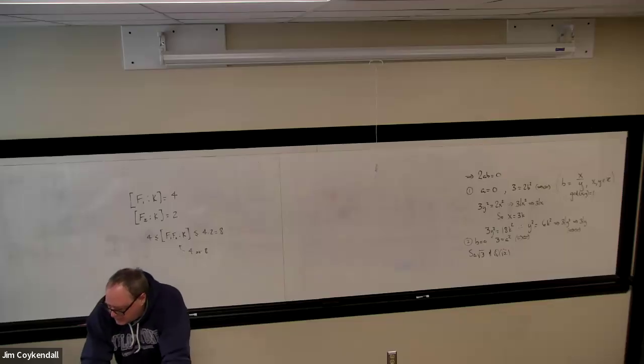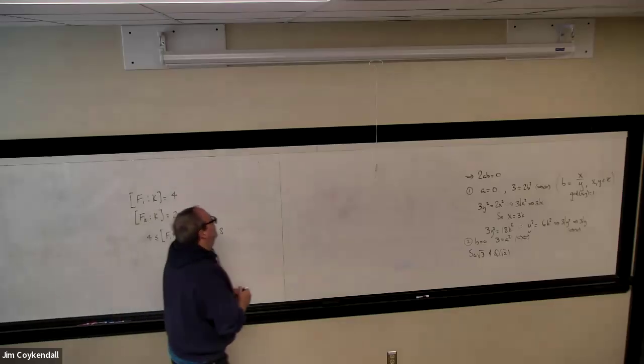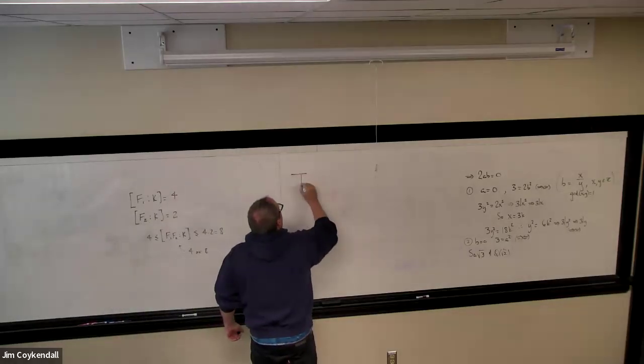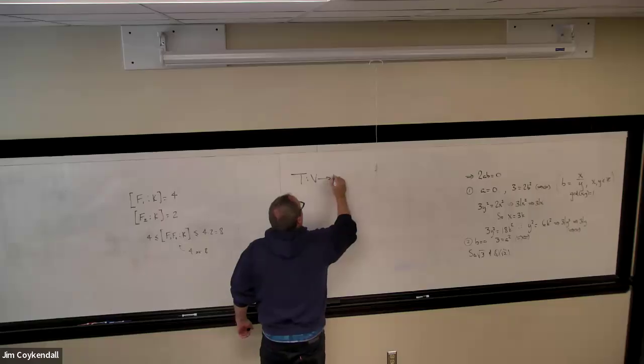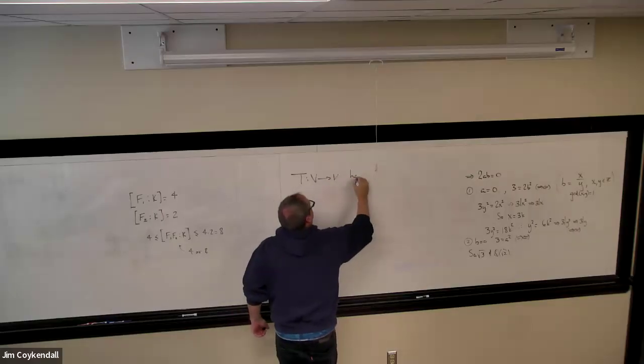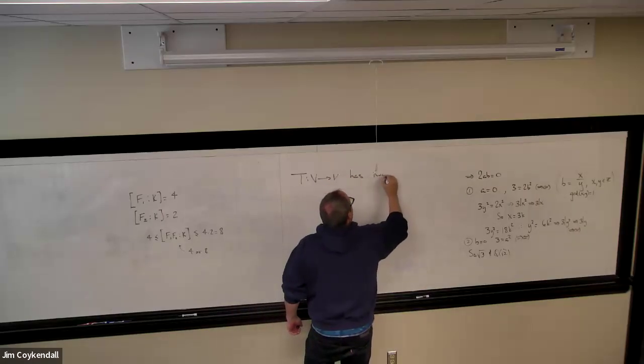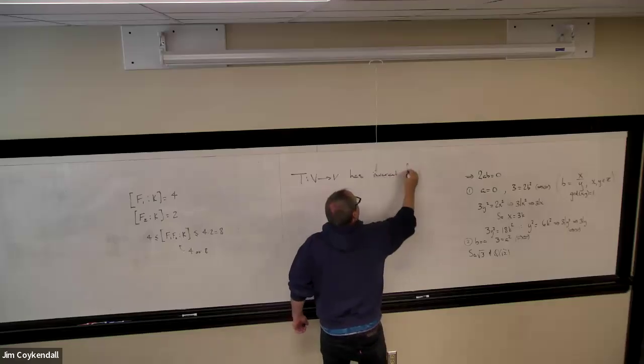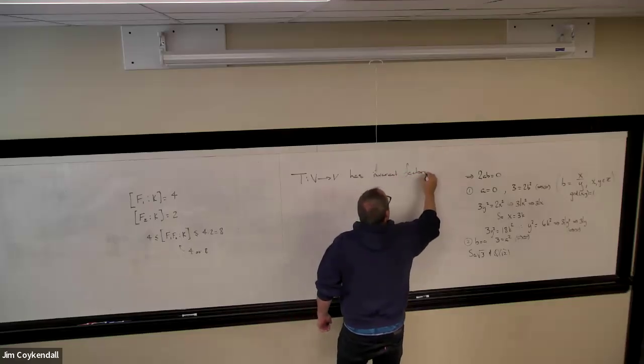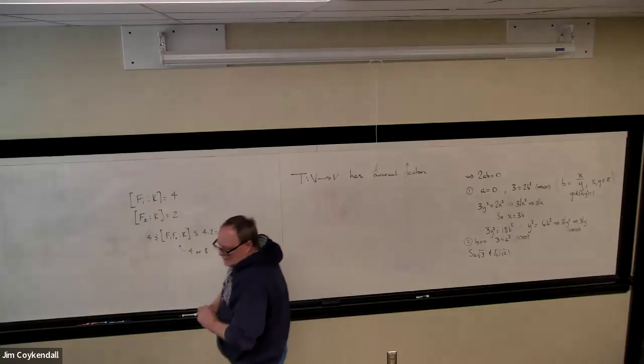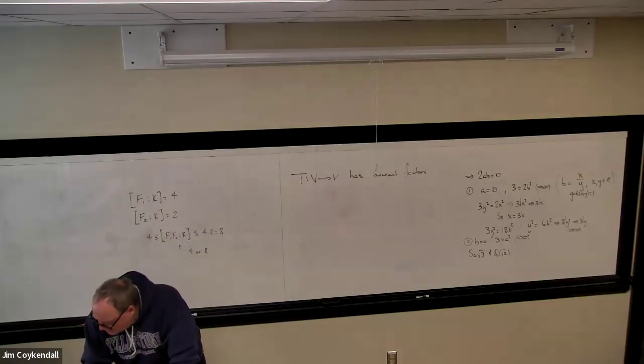Oh, okay. So you have a linear transformation T from V to V, and it has invariant factors. How many of them do I have? 1, 2, 3.